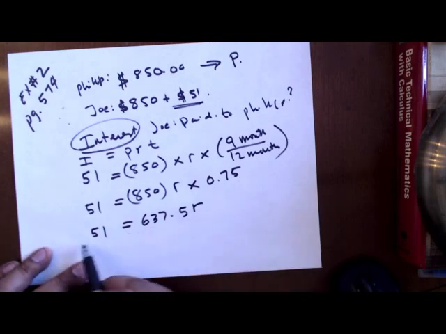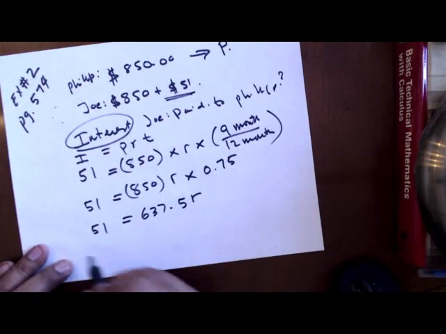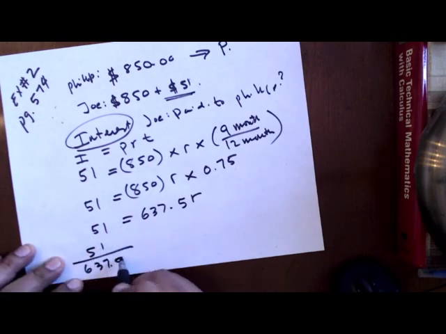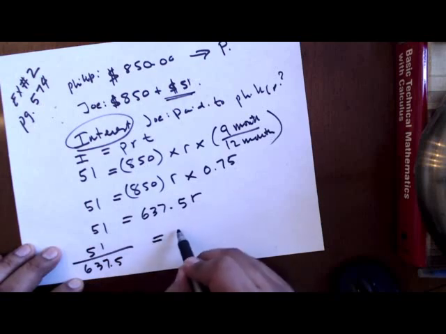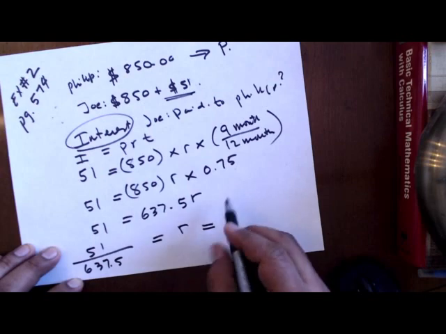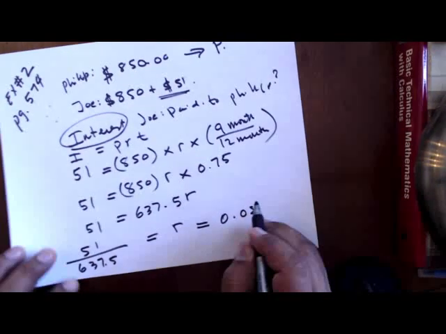We divide everything by 637.5, so we get 51 divided by 637.5 is equal to R, and therefore this value is equal to 0.08.